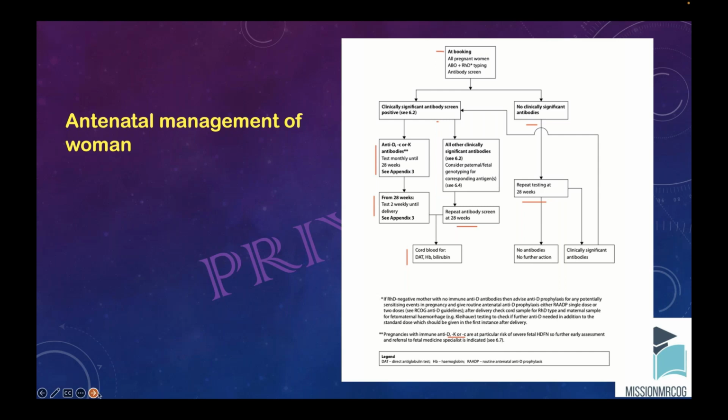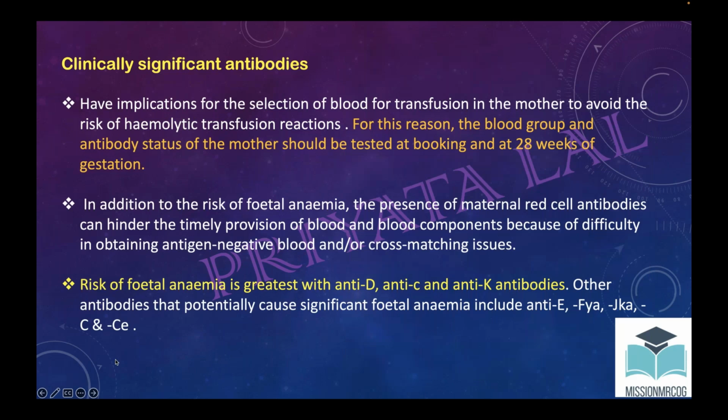Clinically significant antibodies, I have already explained, same thing again. If they are there, there are certain implications because of the hemolytic transfusion. So the testing will be done at booking, and repeated at 28 weeks of pregnancy.